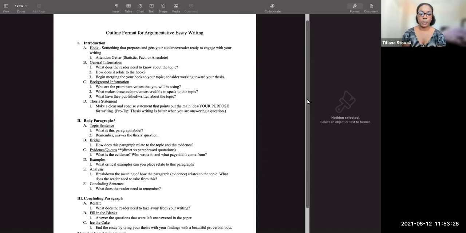For your background information, who are the prominent voices that you're going to use? Which authors are you going to speak about and use as evidence? What did they write? How are they credible? You can go as far as when they wrote it, when it was published, and what they know about the topic. Generally, I encourage students to identify who the author is and give the main point of their writing.